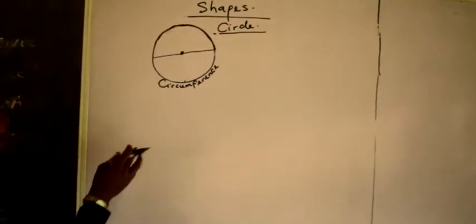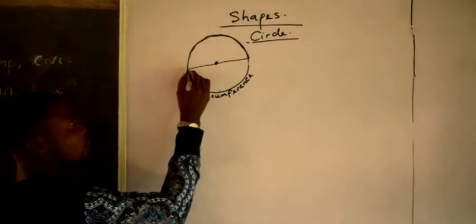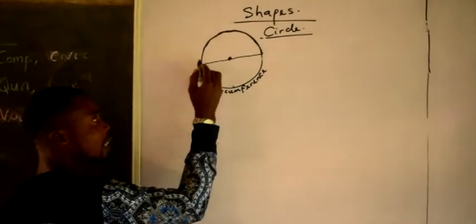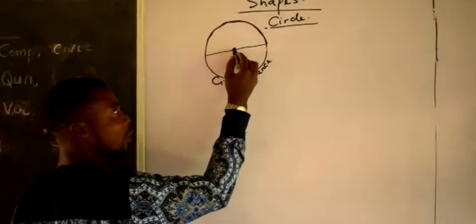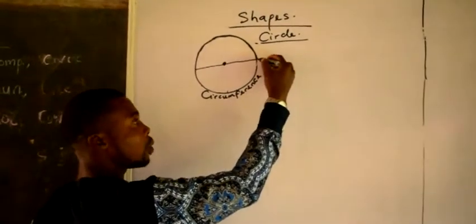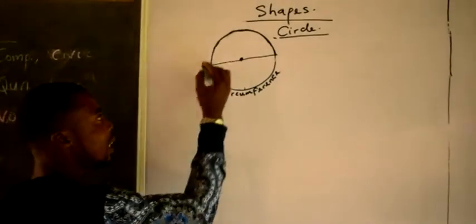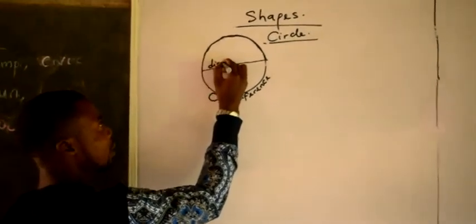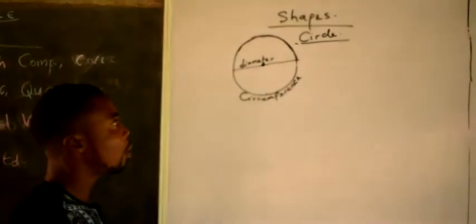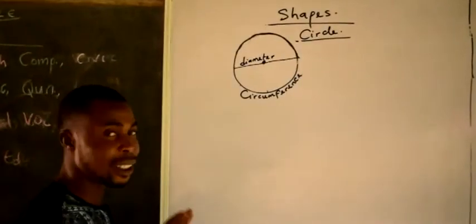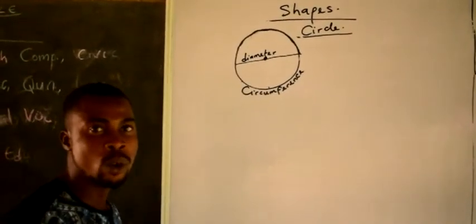A straight line that comes from the circumference, passes through the center of the circle to the other opposite circumference, we call the diameter. The reason is that it divides the circle into two equal halves.